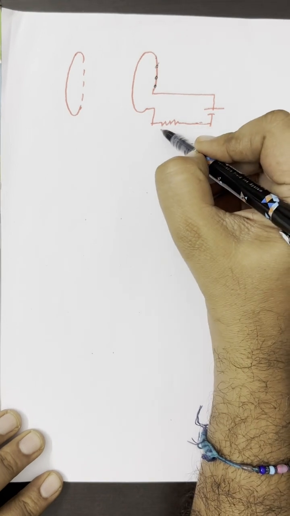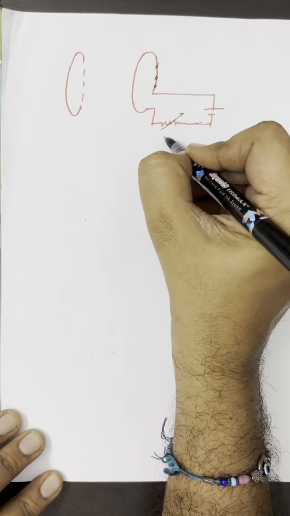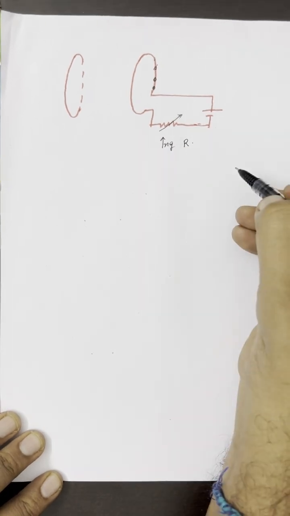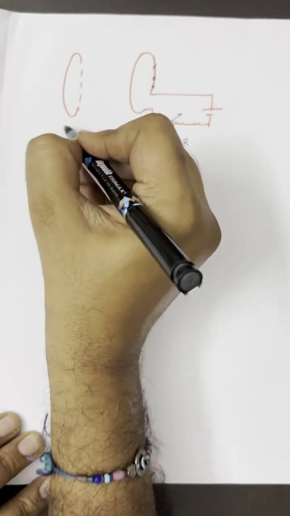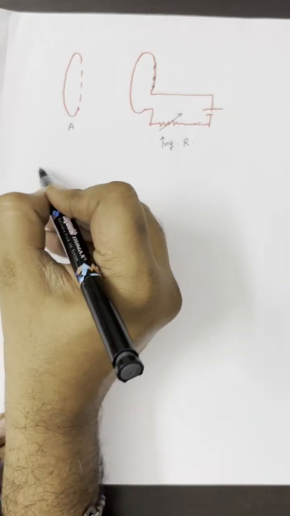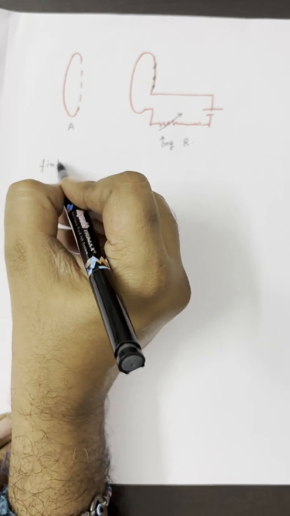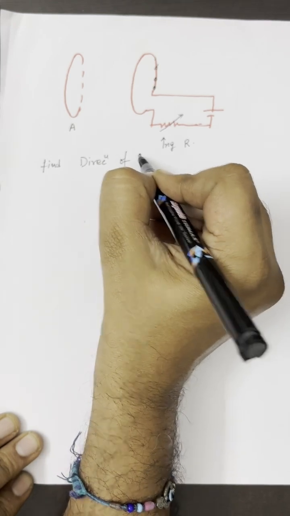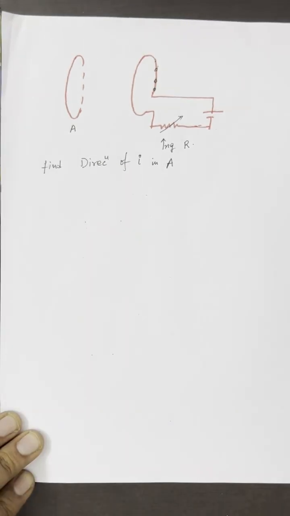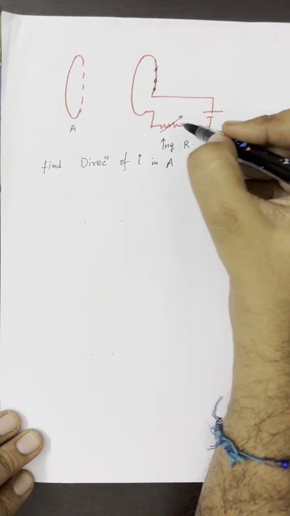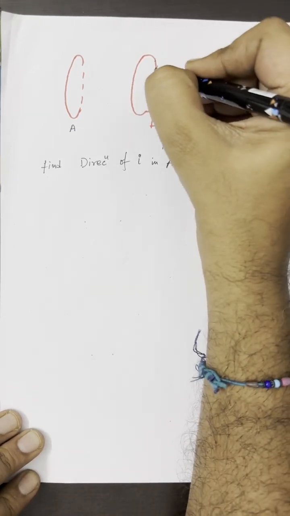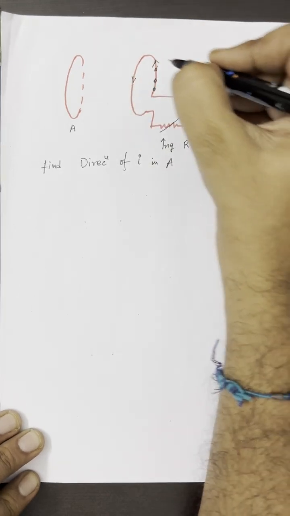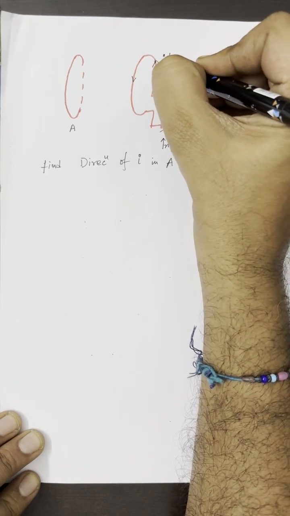Let us say this resistance is varying; we are increasing the resistance. Now we have to find the direction of the induced current in A. When this current is there, moving this way, and the resistance is increasing, the current will decrease.